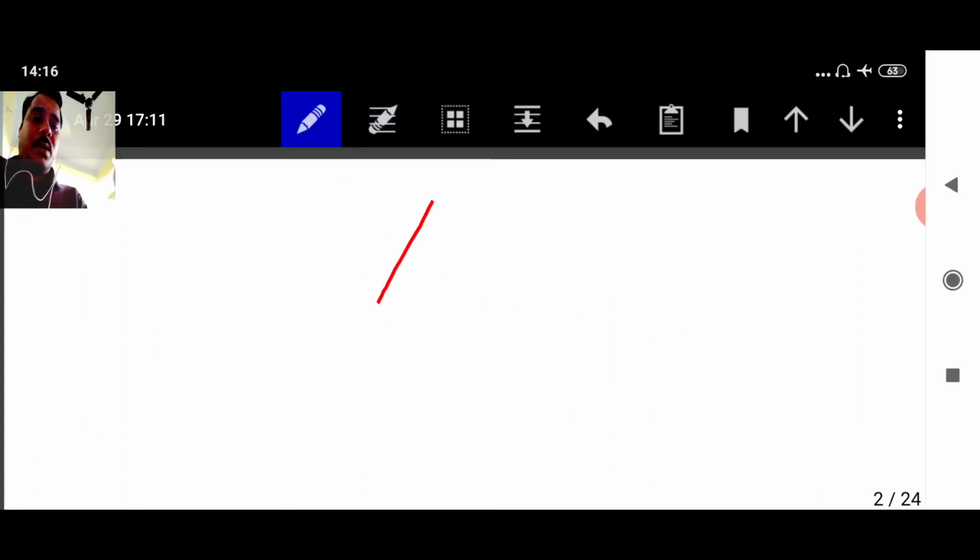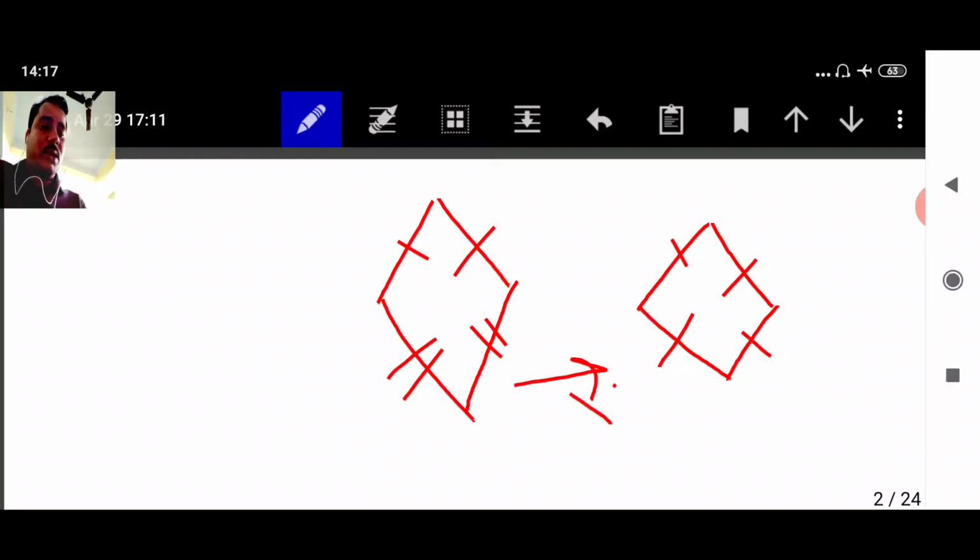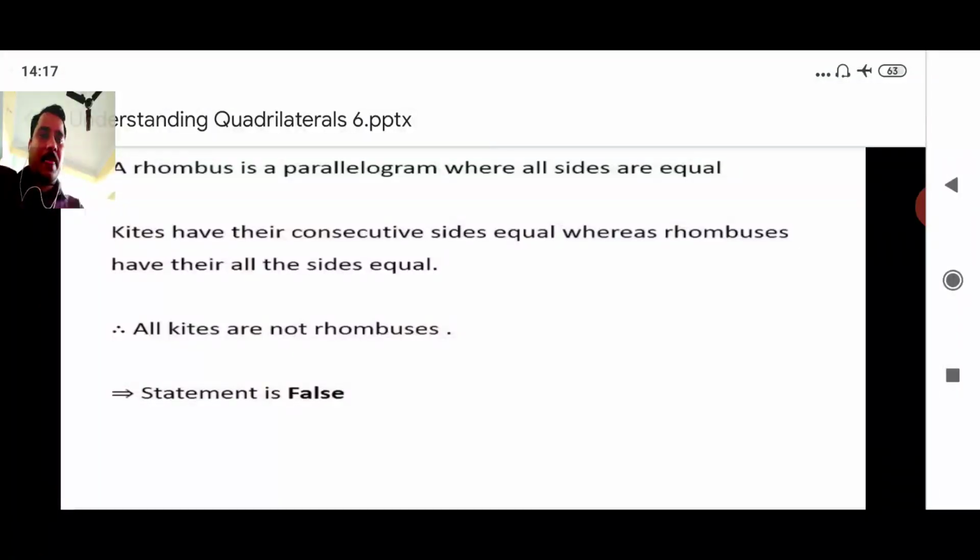So in a kite this side equals this side equals this side, but in a rhombus we need all sides equal. So the statement that all kites are rhombus is incorrect, or false.